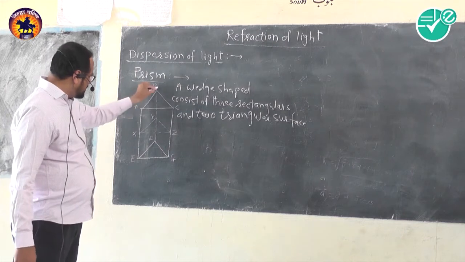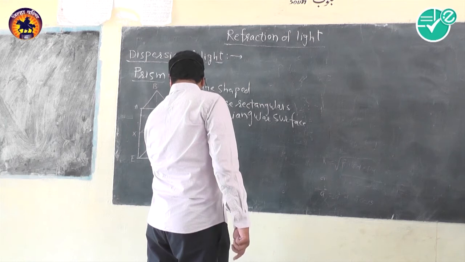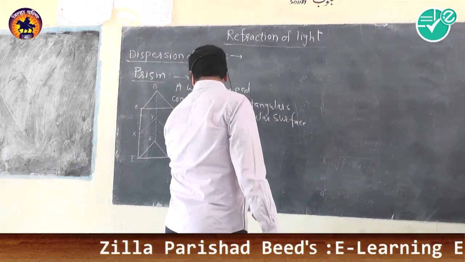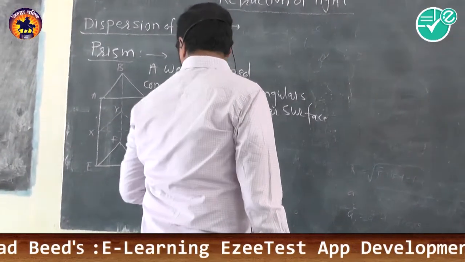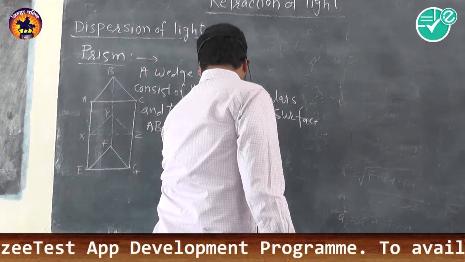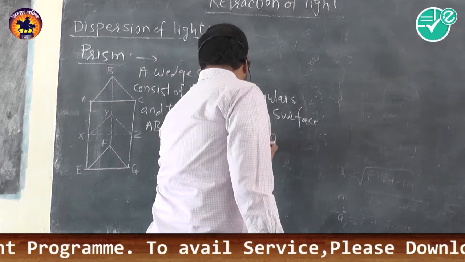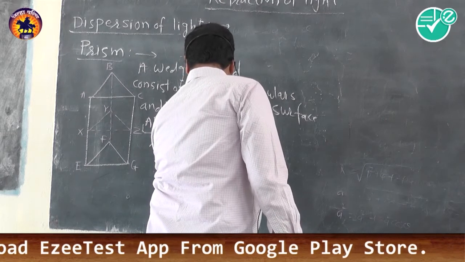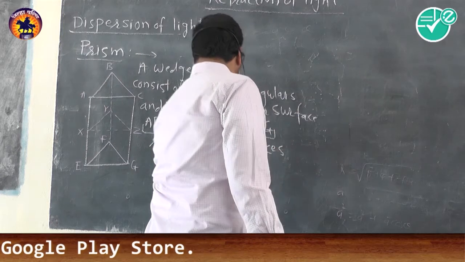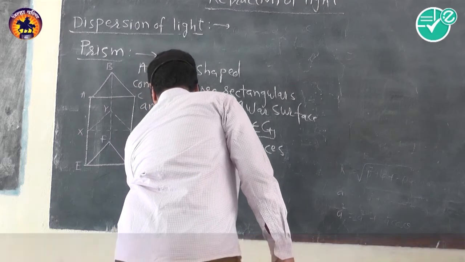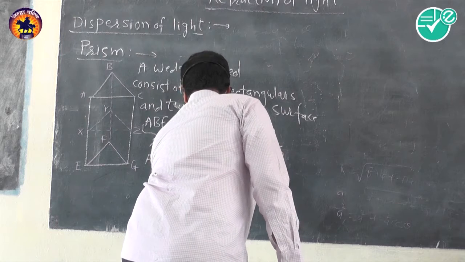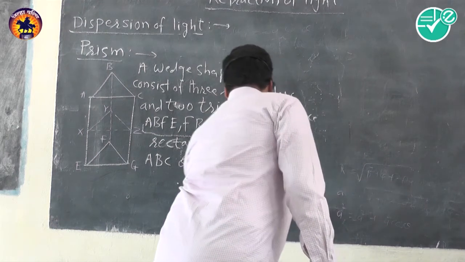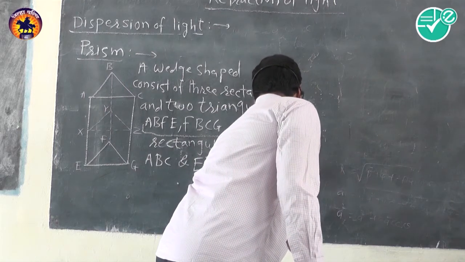Here given are A, B, F, E. Then F, B, C, G. And the last one is A, B, E, G. All 3 are rectangular surfaces, and ABC and EFG are triangular surfaces.